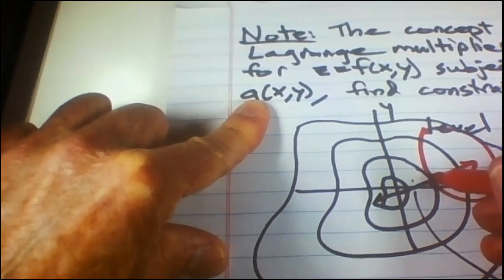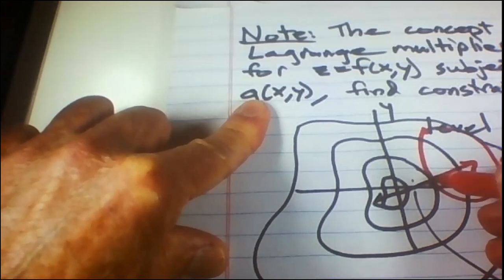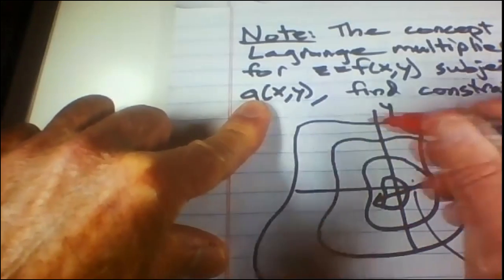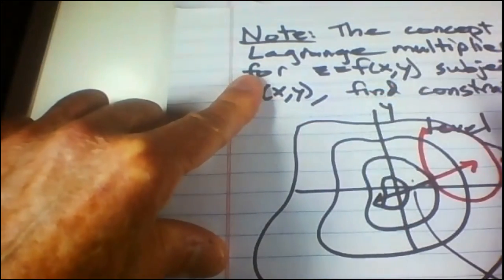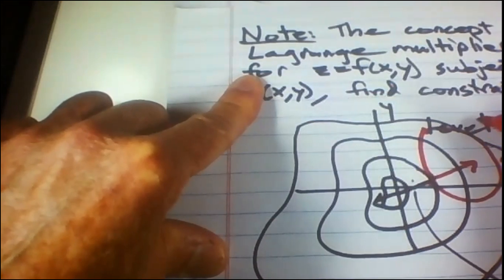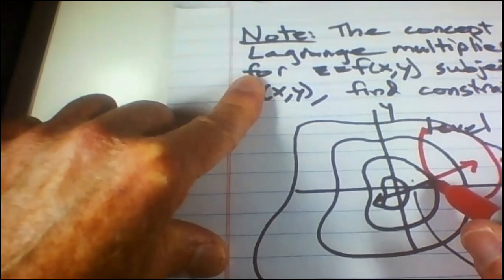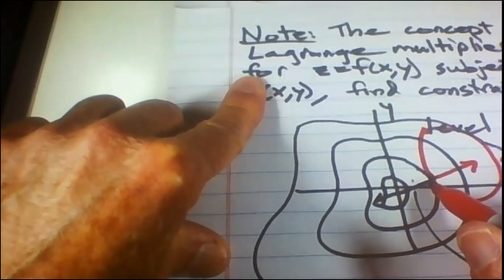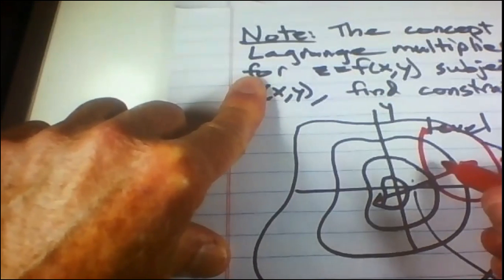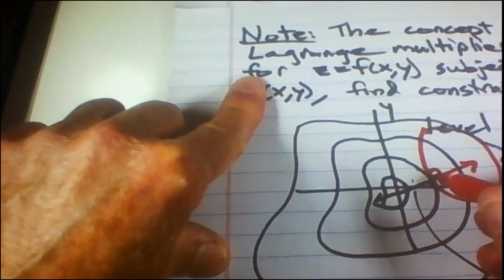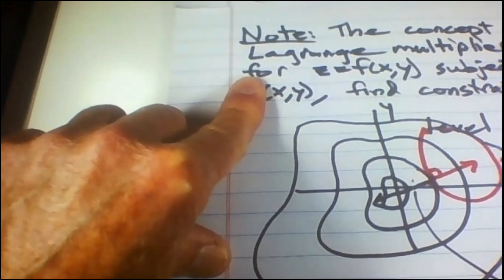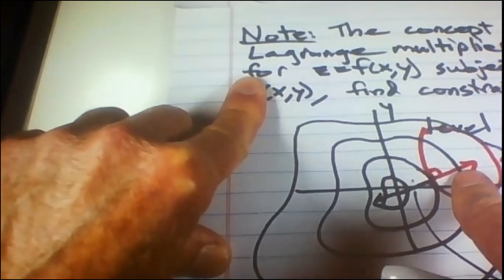The idea is you find a maximum when you're tangent to one of the isopleths, and also the minimum. These are getting smaller and smaller isopleths as you go down on these level curves of f. So where you find the maximum altitude, the gradients are going to be parallel to each other. They could be the same direction or opposite like I've drawn, but they're both perpendicular to their level curves of f and g. And the concept of the theorem is they therefore are multiples of each other.